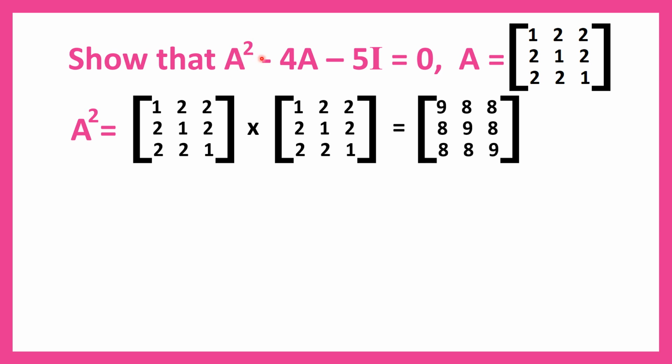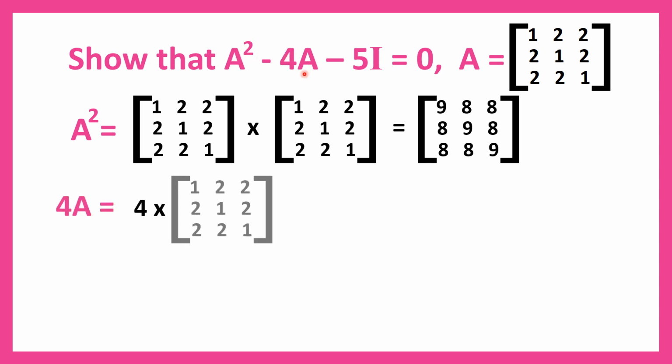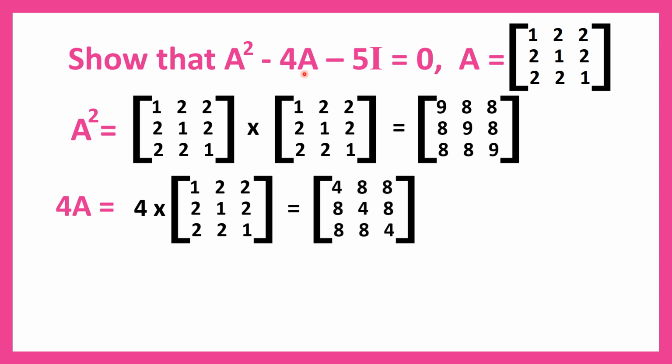Then we have to find 4A. This is a scalar multiplication. 4 into A matrix, that is matrix of 4, 8, 8, 8, 4, 8, 8, 8, 4. Now we got 4A. Next is 5I. 5I means 5 into identity matrix.